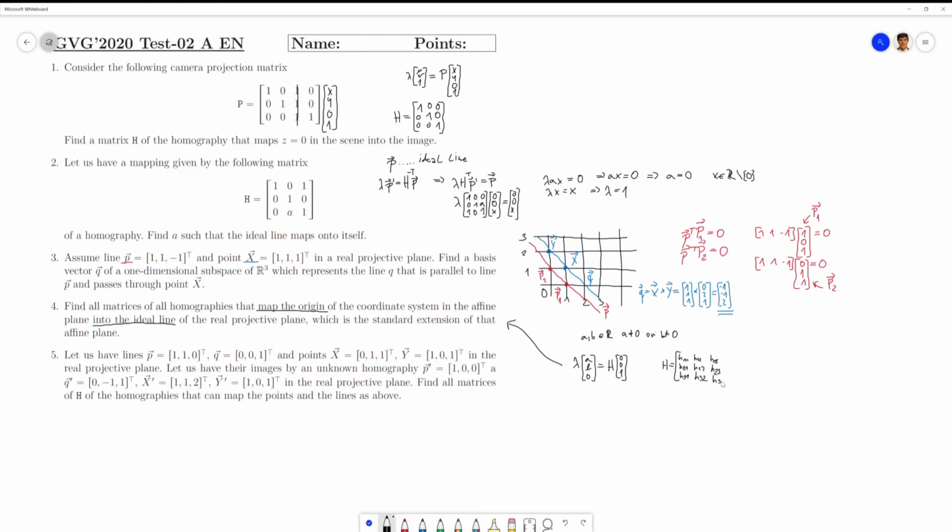Therefore we have lambda a equals h13, lambda b equals h23, 0 equals h33, where h13 and h23 are real numbers and h13 or h23 is not equal to 0, because lambda is any real non-zero value.